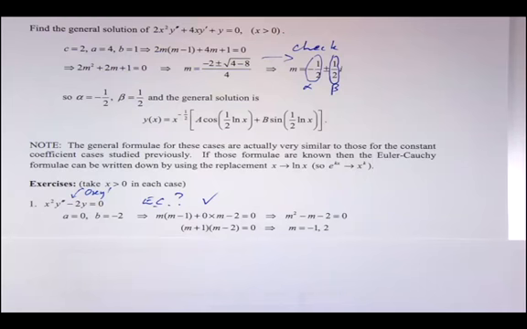Is it case 1, 2, or 3? Case 1, which would make sense, it's the first exercise, but yes, it's case 1 because you have 2 real different answers. So, have you written the solution down? Good. And there it is.